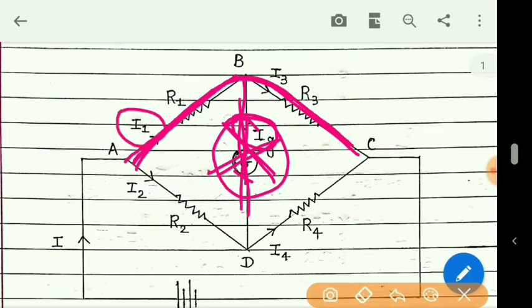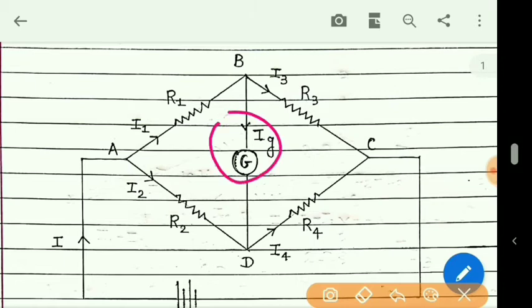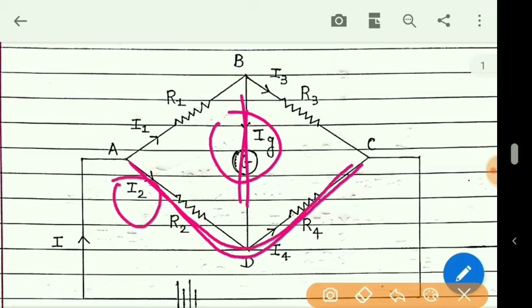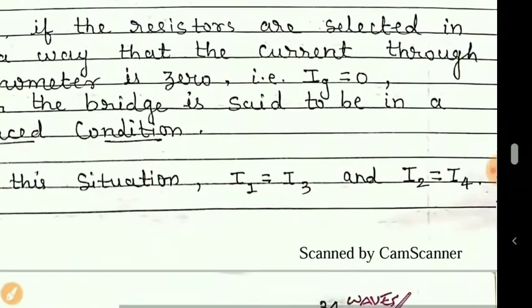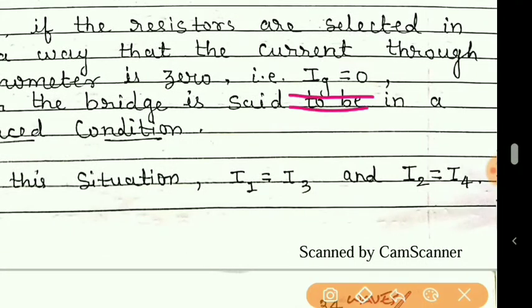So this current I1 and I3 will be equal. Similarly, if the current is not there here, then we can ignore this branch BD. So this current I2 will be equal to I4. The same current flows through ADC. So in a balanced condition, I have written here, if the current in that branch, that is Ig, is 0, then I1 equals I3 and I2 equals I4.